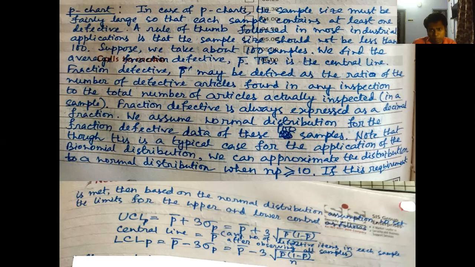Even in a question, it can so happen that it is given that you use the control limit as plus minus 2.5 sigma. Or it can even happen that you use the limit of 3.5 sigma.